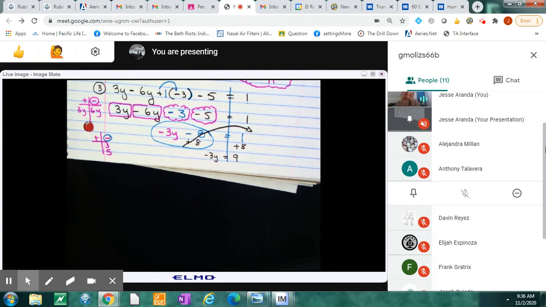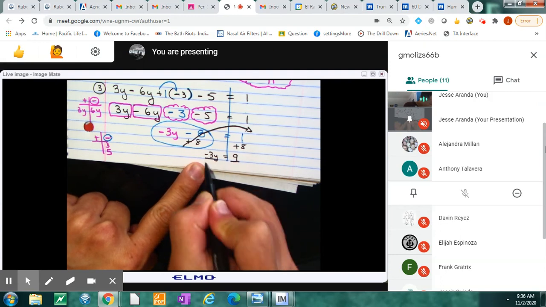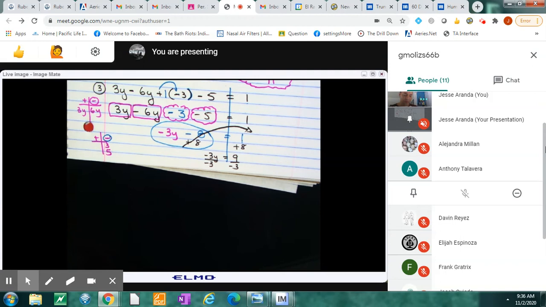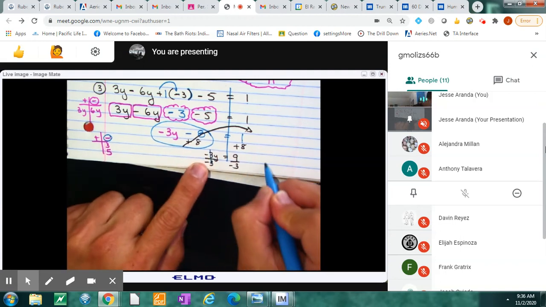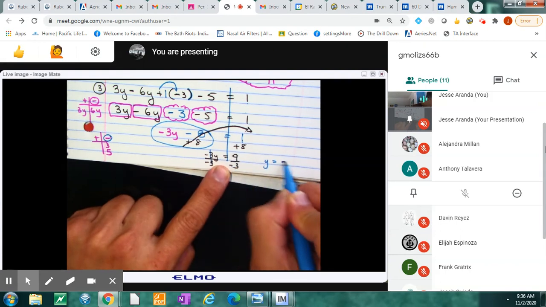Now you could divide them, because it's like a boyfriend girlfriend, people want to divide them. So let's divide them by what? -3. See that? So then here it's going to be y equals positive divided by negative is a negative. 9 divided by 3 is 3.